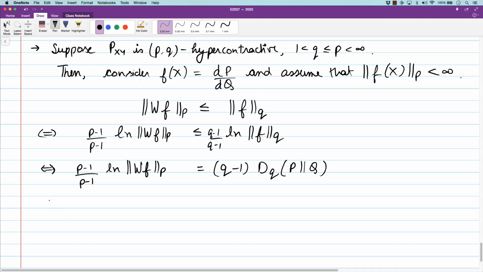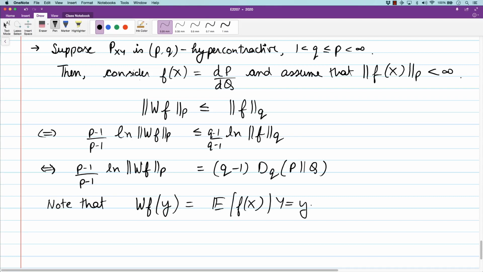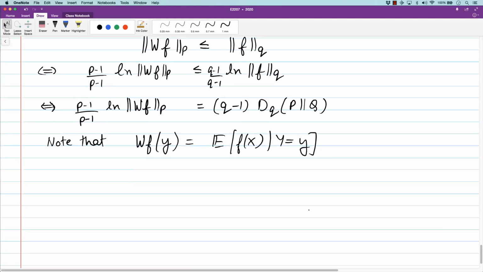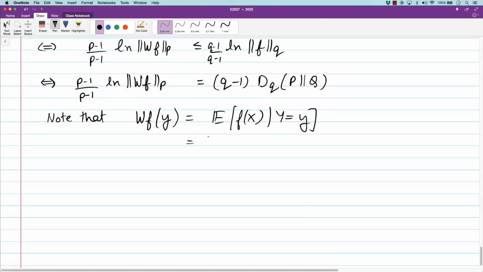Note that this W of f of y is equal to the conditional expectation of f(X) given Y equals y. So this is the conditional expectation of dP by dQ given Y equals y.